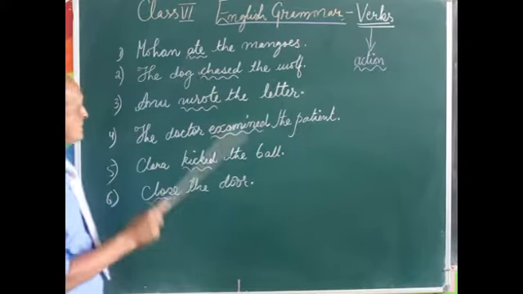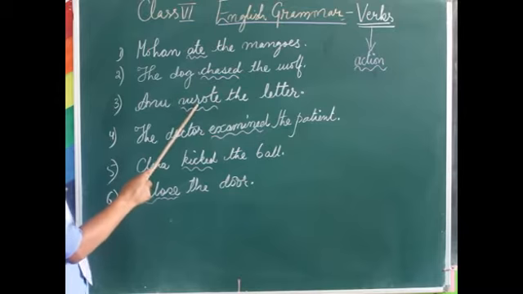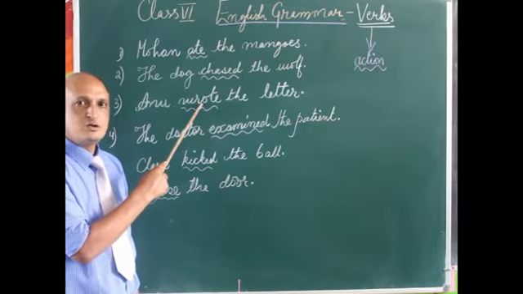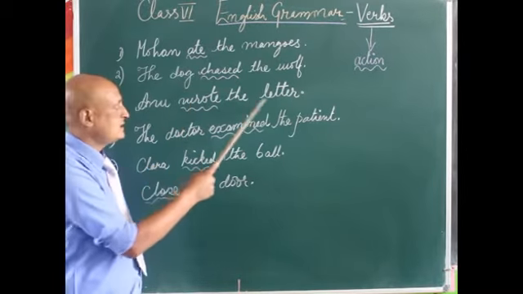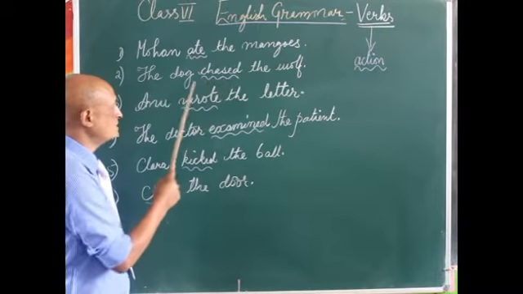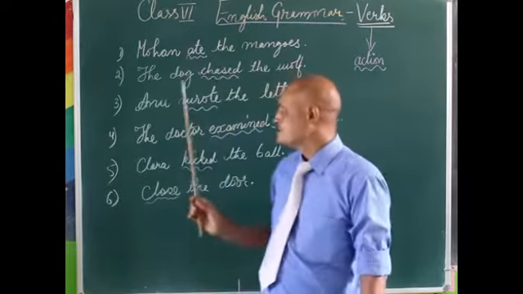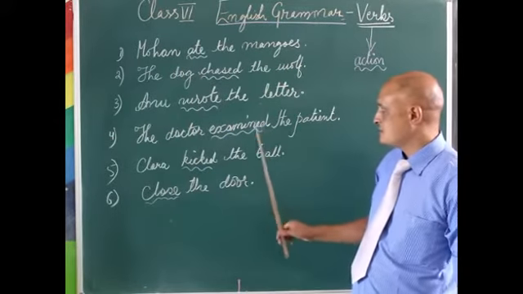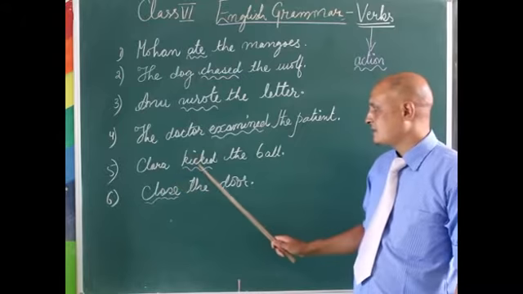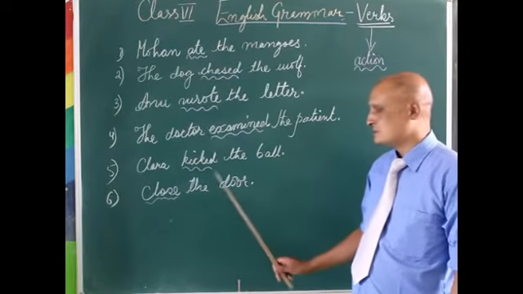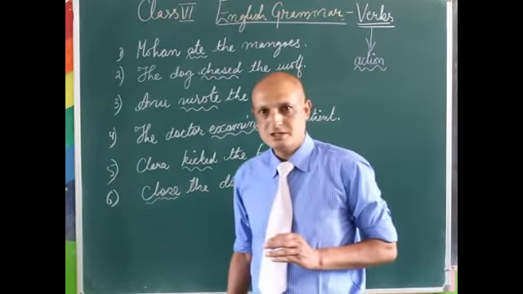The wolf. Likewise, Anu wrote. Who wrote? Anu. What did she write? A letter. So the verb denotes some action being taken. Likewise, the doctor examined the patient. Clara kicked the ball. And close the door. Got it?